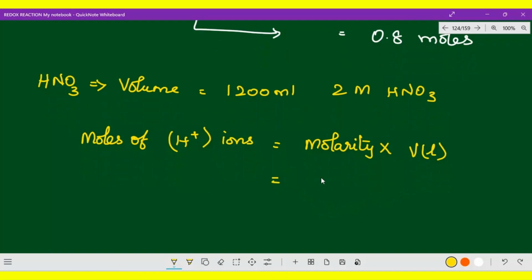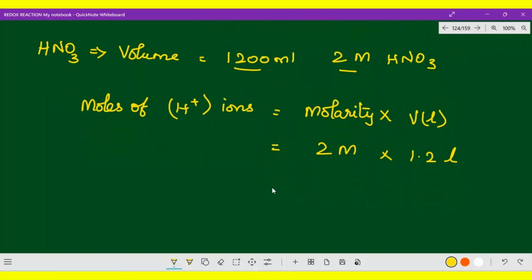Molarity is 2M, as mentioned in the question, into volume in liter; we converted ml into liter, so that is 1.2 liter. So you will get the moles of H plus ion as 2.4 moles.